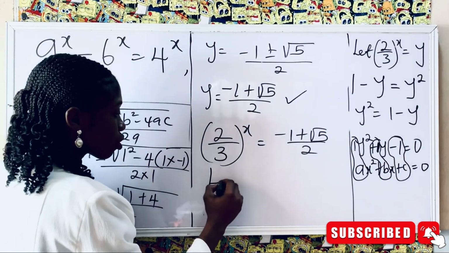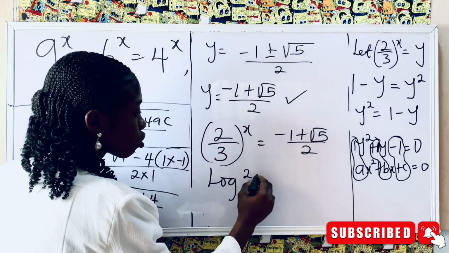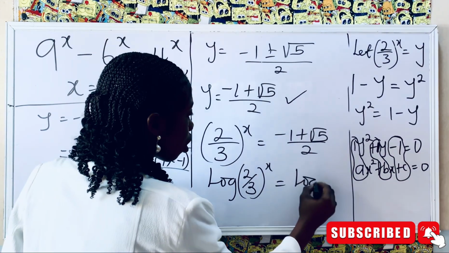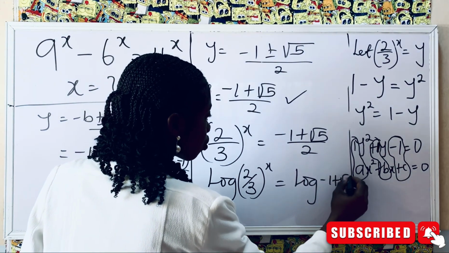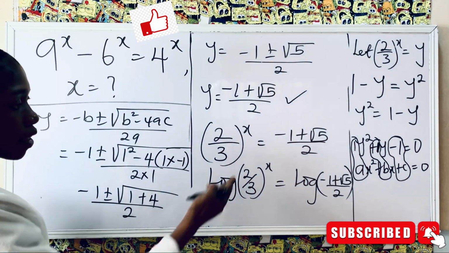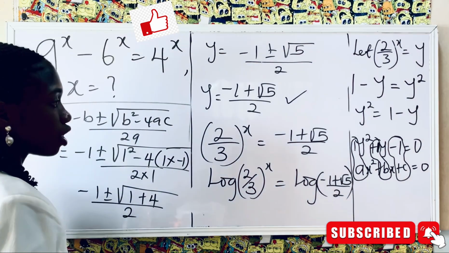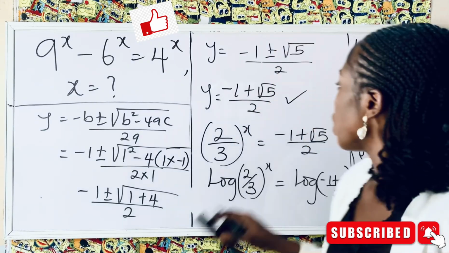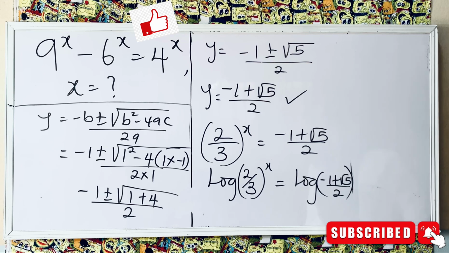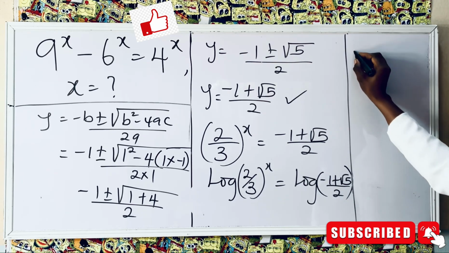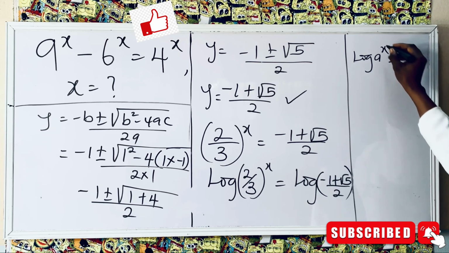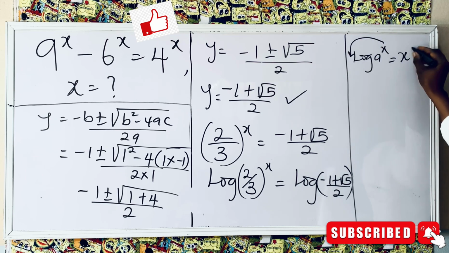In that case, we are going to have log of 2 over 3 to the power of x is equal to log of negative 1 plus root 5 all over 2. Did you see that? Now, remind yourself of this rule of logarithm, which says that if you have log a to the power x, it is the same as using the power to multiply.